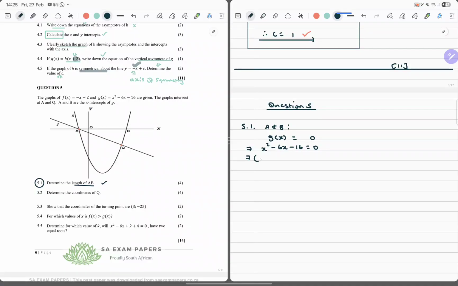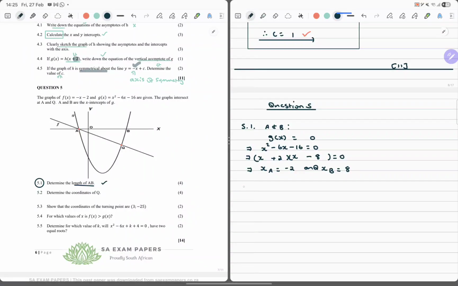Now we can attempt to factorize this trinomial. Factors of 16 that can give us a 6, it's going to be -8 and +2. Again, folks, this must be very easy. So we know this implies that x at A is going to be -2, and x at B should be 8, isn't it?